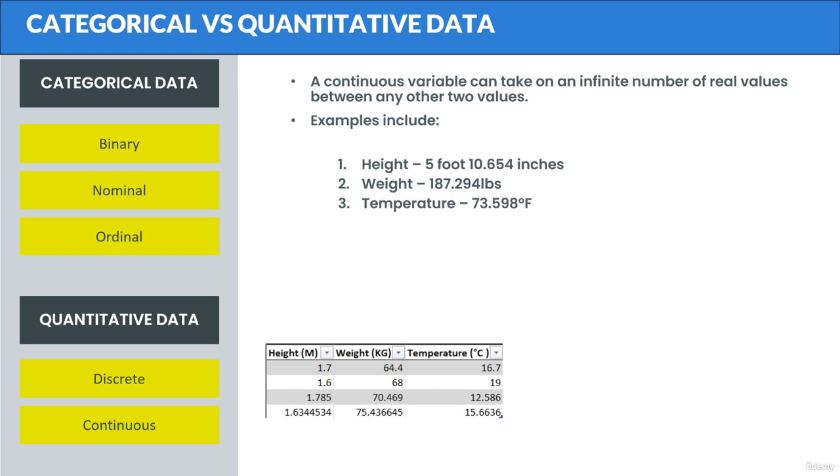Between 5'10" and 5'11", we could go to any number of decimal places between these 2 heights. And the same for weight and temperature. Whereas when rolling a die, you're limited to the numbers that are on that die, which is usually between 1 and 6. So that's the main difference between discrete and continuous variables.